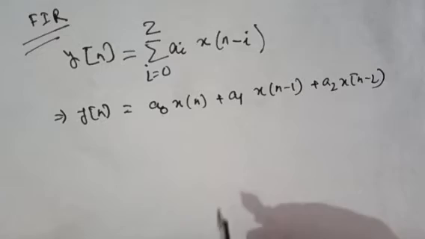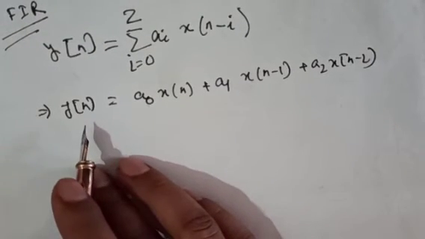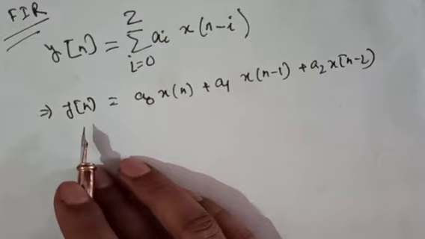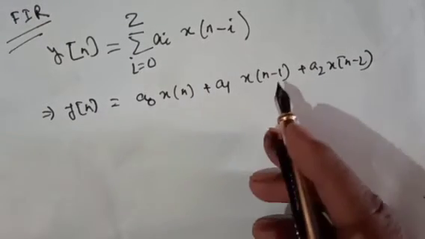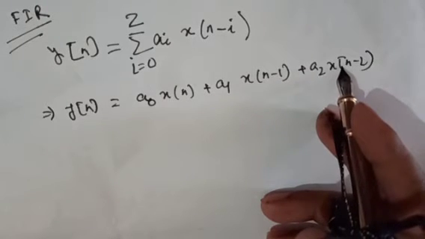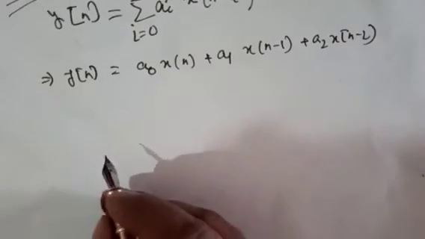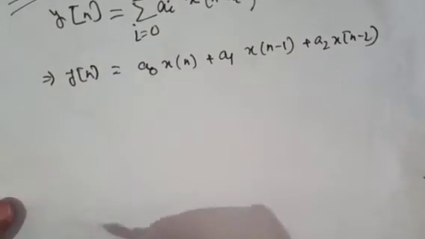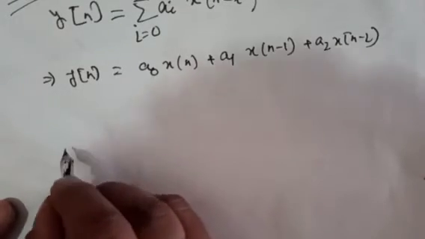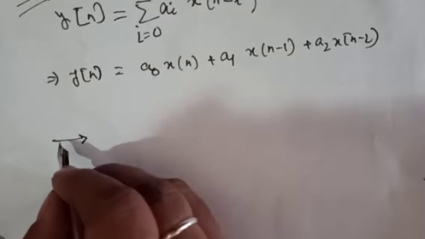So for any present input, at an instant of time n, if you would like to evaluate y of n, you need x of n, that is the input at that instant, and 2 past inputs. So it is actually a tapped delay line filter. If we realize it directly, you can see here it will be your x of n.